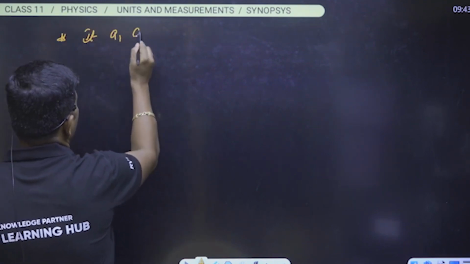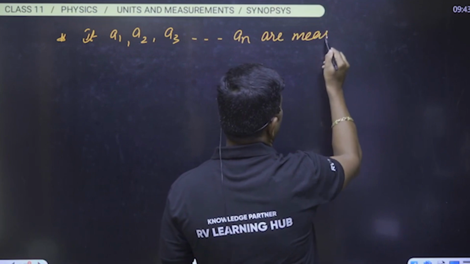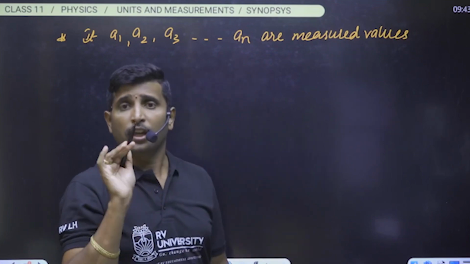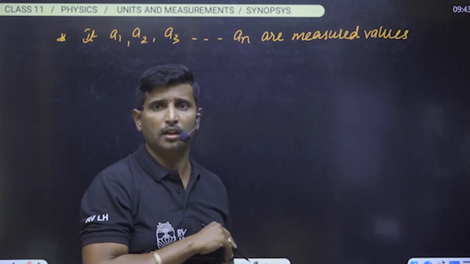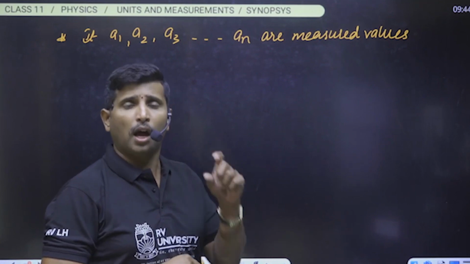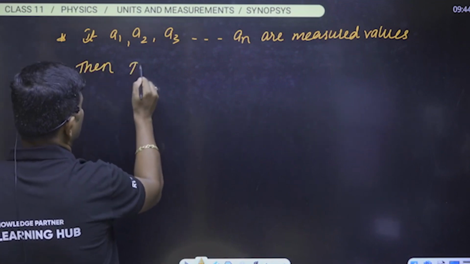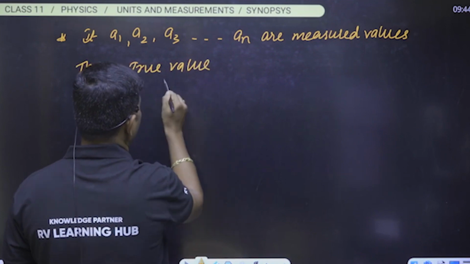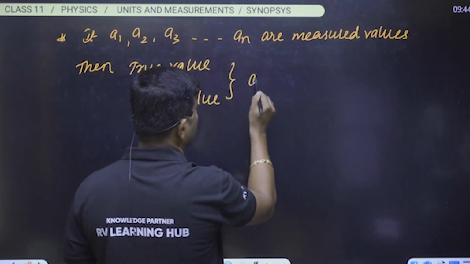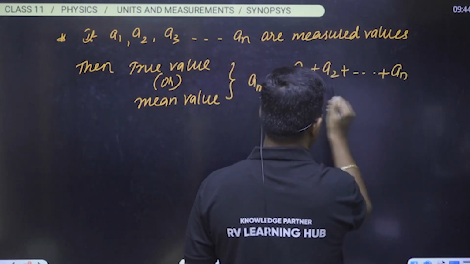If a1, a2, a3, and so on up to an are measured values of a physical quantity in n number of trials, then what is its true value? The true value, that is the mean value or absolute value. We can say a mean is equal to a1 plus a2 plus so on an, divided by n.